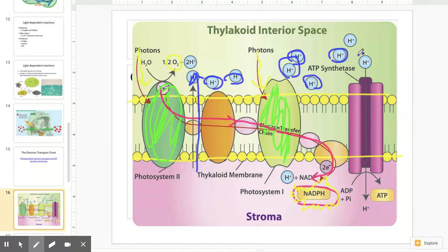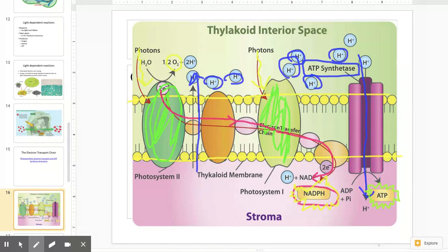And in that, these hydrogen ions move through a protein channel. And this protein channel is called ATP synthase. ATP synthase twists, and in twisting forms ATP. That energy from the twisting adds an extra phosphate to ADP.